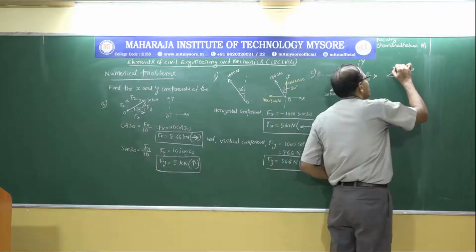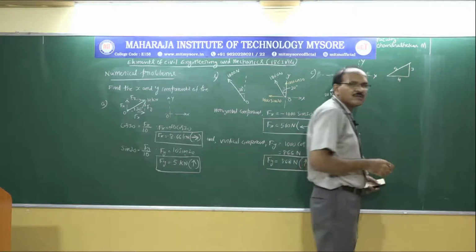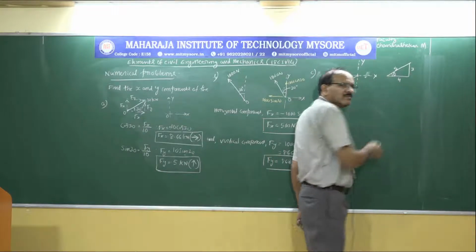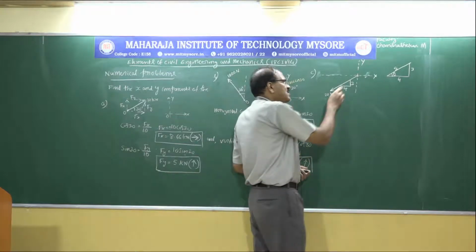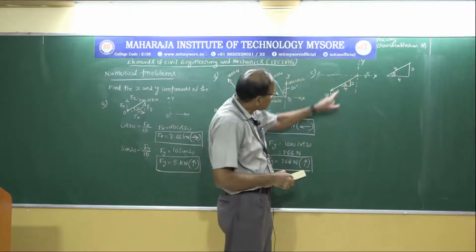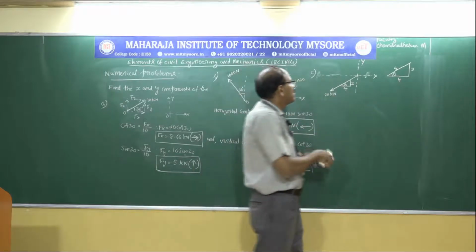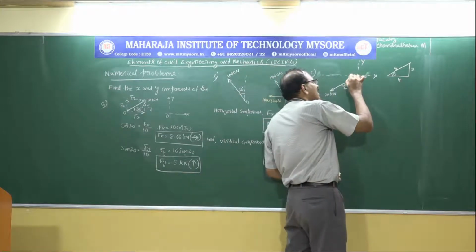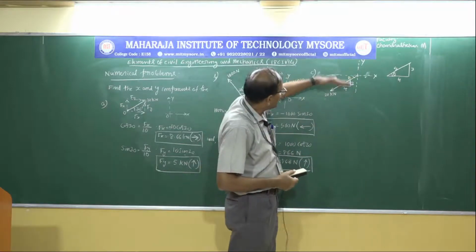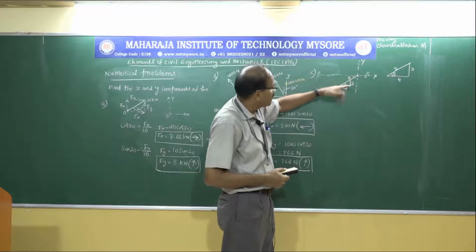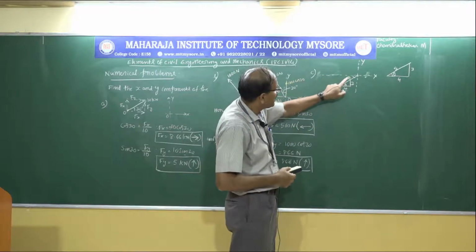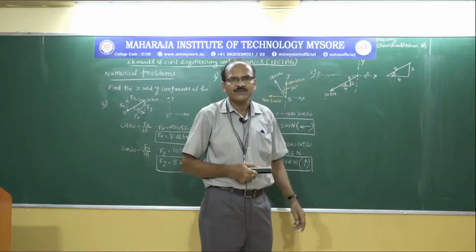Square root of 25 is 5 units. So if I call this as theta, then this is theta as well, because they are alternate angles. This line is parallel to this. So this is the line cutting these two parallel lines. This theta and this theta are alternate angles.